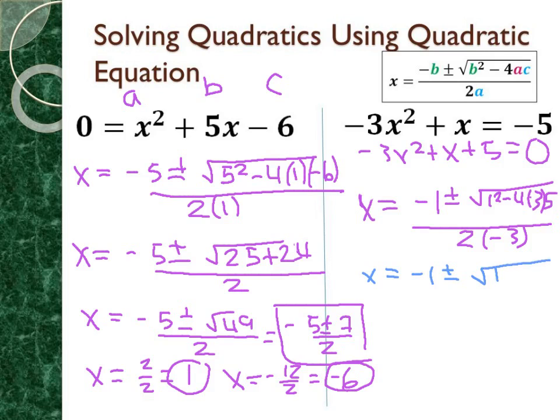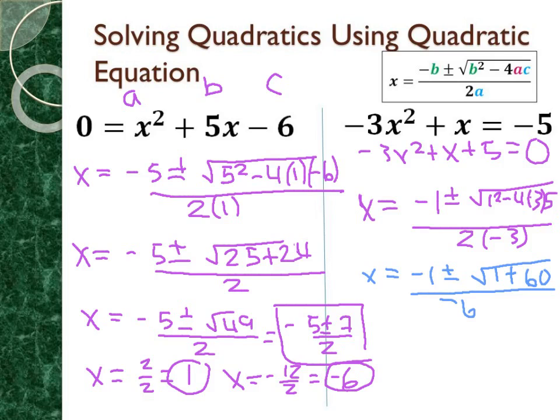1 plus 60, since negative 4 and negative 3 gives us a positive, divided by 2 times the negative 3, which is negative 6. So, at last, we want to then simplify as much as possible.